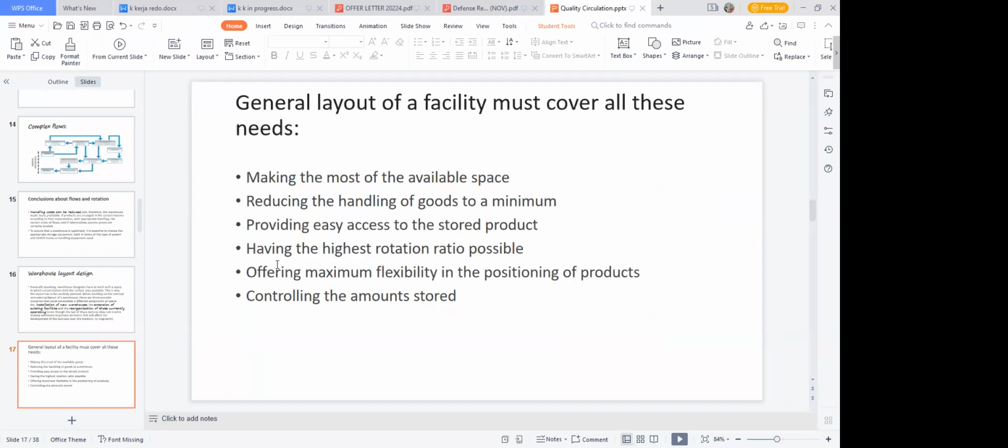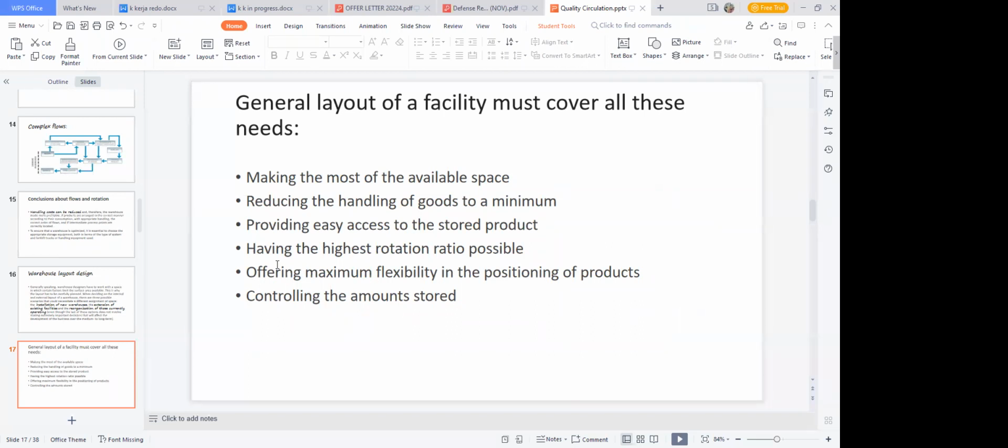The general layout of a facility must cover all these needs. In general, when we talk about layout, one, it must ensure available space.